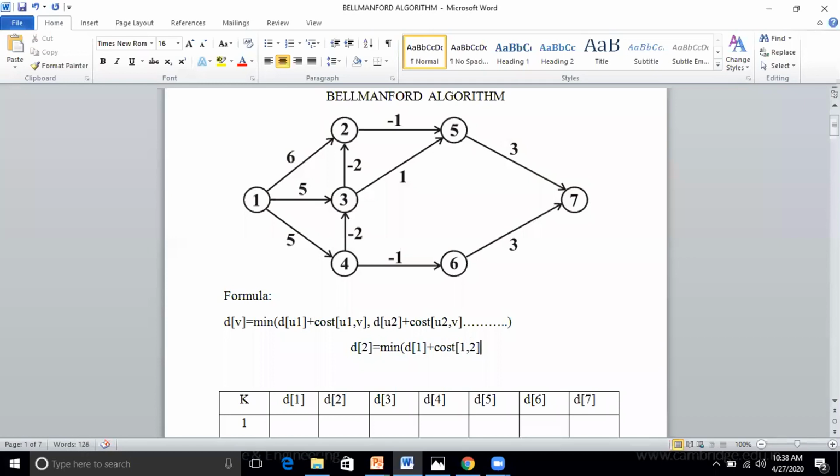Are you able to understand this formula? Now it's nothing but the distance of the incoming vertex 1 plus the cost of 1 to 2. What is the cost of 1 to 2?